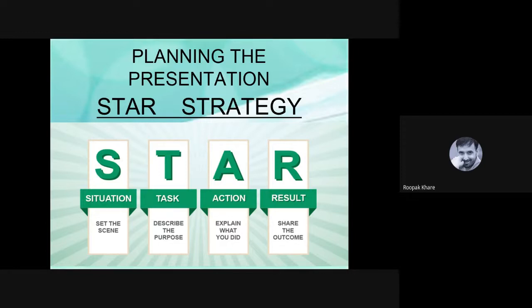A is action, explain what is to be done. And R, result. Now, in an interview or a presentation, post an activity, you can talk about the task that you took up, the action that you actually took, the result that came out, and the scene that existed. STAR, star.